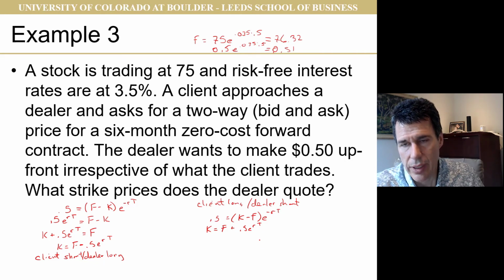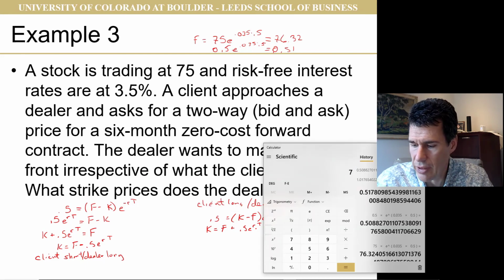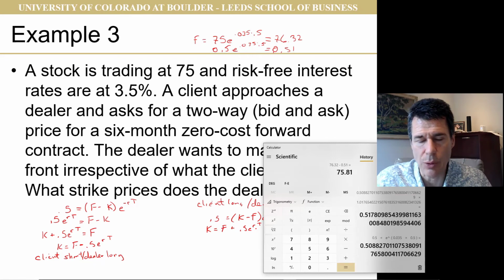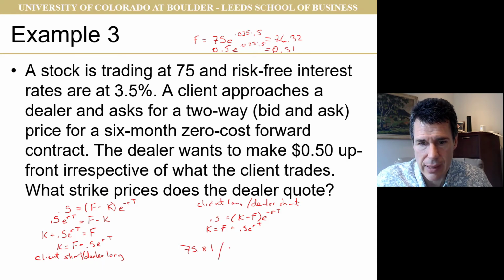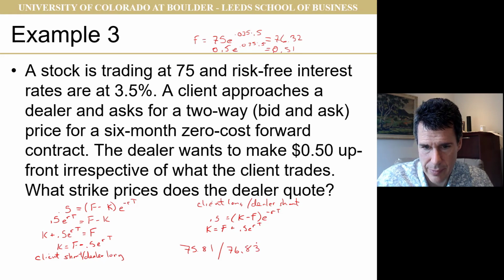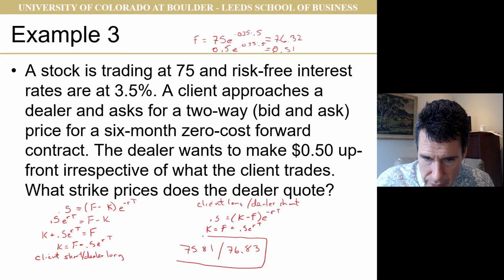So we've got to do 76.32 minus 0.51, 75.81, versus 76.83.